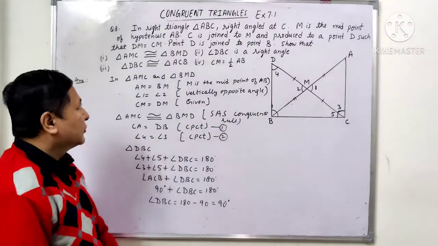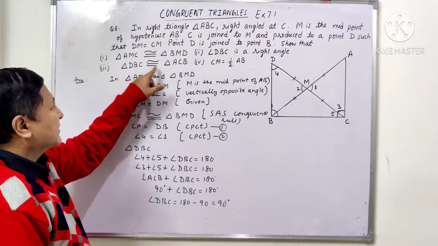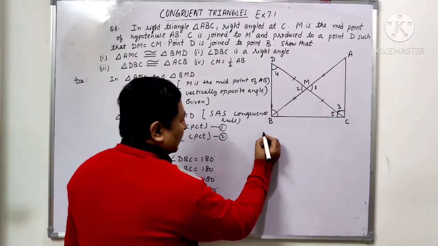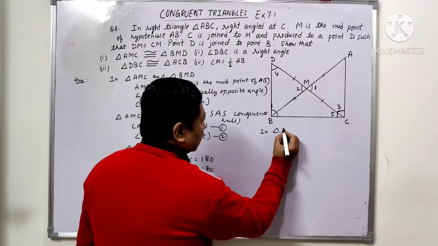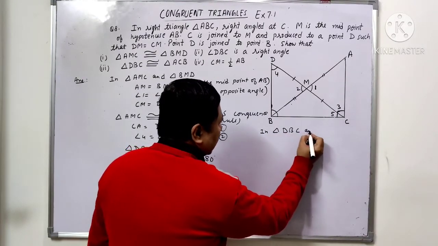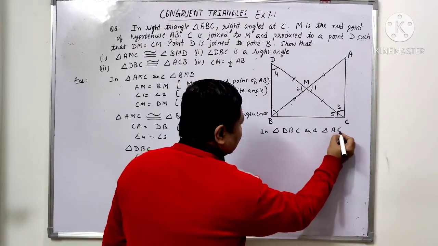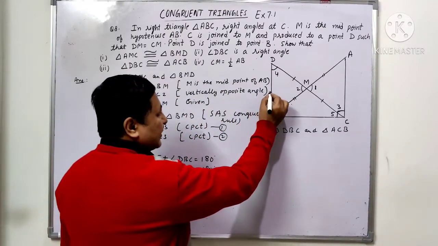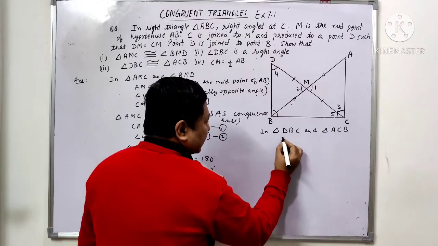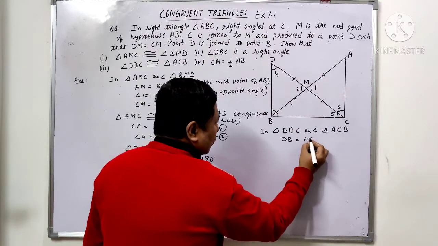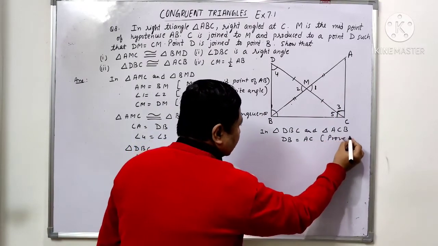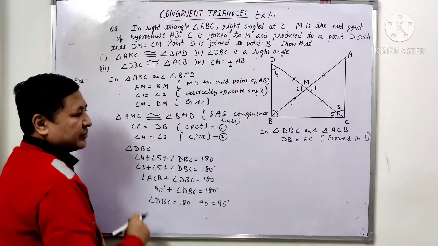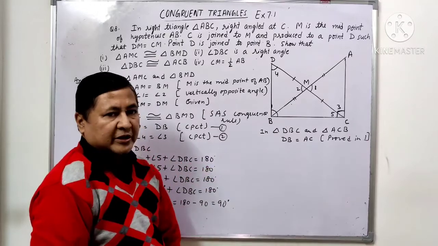Now we have to prove the third part, that triangle DBC is congruent to triangle ACB. Now we take triangle DBC and triangle ACB, and we are going to prove them congruent. In this, DB and AC are both equal, which we have proved first. You can see here we have proved that CA is equal to DB, that means DB is equal to AC.